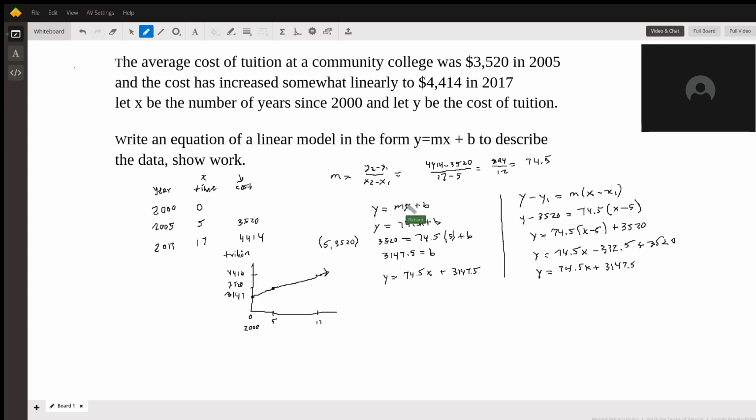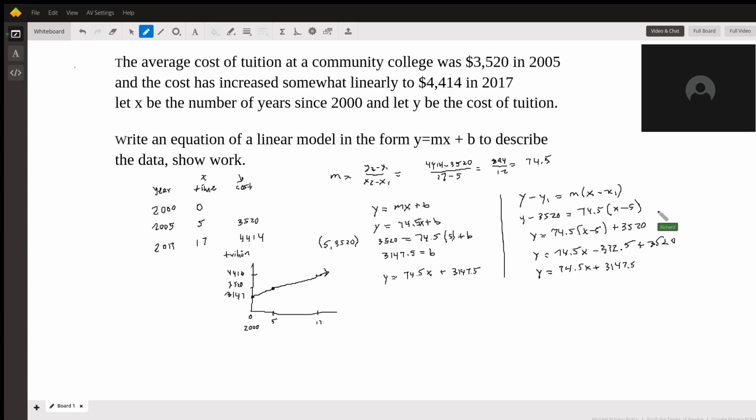So here we started with slope-intercept and we stayed with it. Here we started with the point-slope form of the equation, and we had to rewrite it into slope-intercept form. So either one of those is fine. They'll give you the same answer as you just saw. Sometimes teachers in school will tell you what to do.